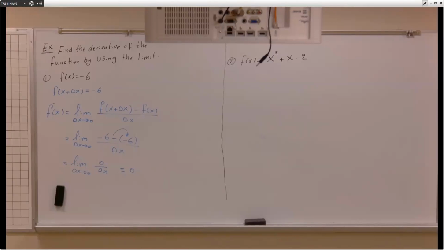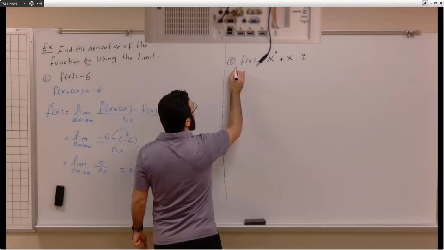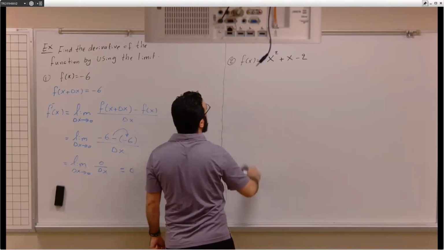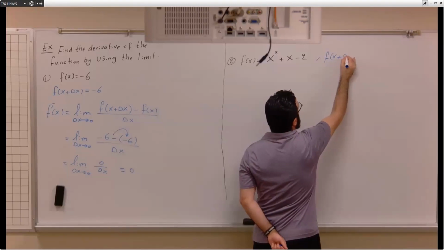So now we need to find the derivative for this function. We'll do the same process. So here is f of x. Now I need to find f of x plus delta x.